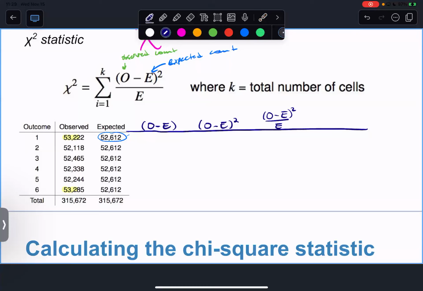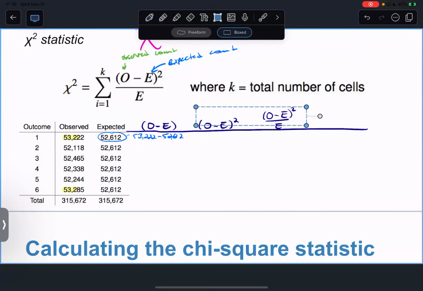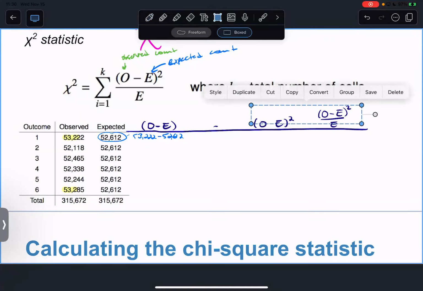So just looking at the first row here, this would be 53,222 minus 52,612. Calculator here. And I'm going to bump these over so that I can actually write it out.